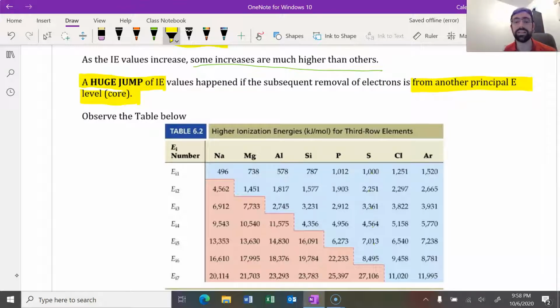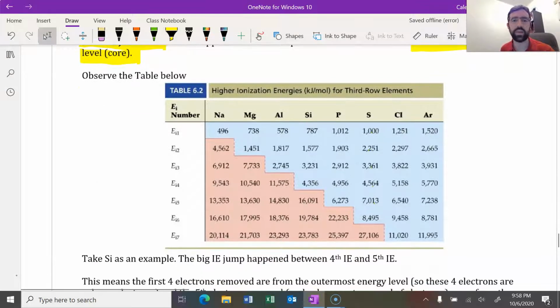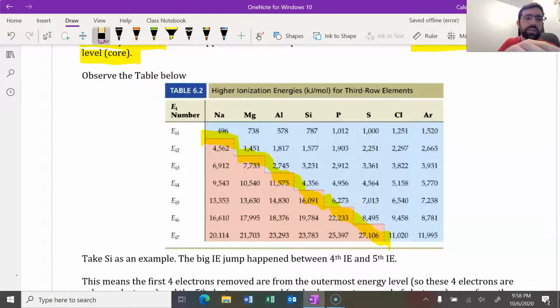Once we get the last valence electron taken out, it takes a lot more energy to take the first core electron. That's a useful tool in identifying how many valence electrons a certain atom has. Look at this table right here. That staircase that you see represents the division between the valence electrons and the core electrons.